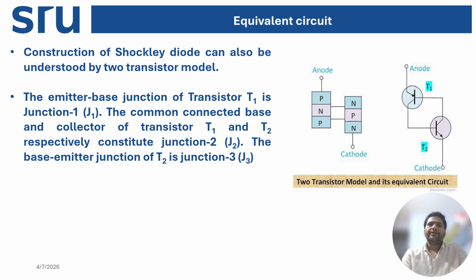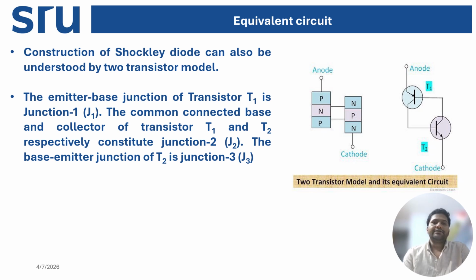Next, we understand the equivalent circuit of the PNPN diode, also known as the Shockley diode, using the two transistor model. The basic idea is that the PNPN structure can be represented as two interconnected transistors, which is clearly reflected in the picture.